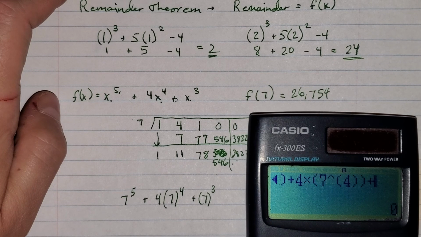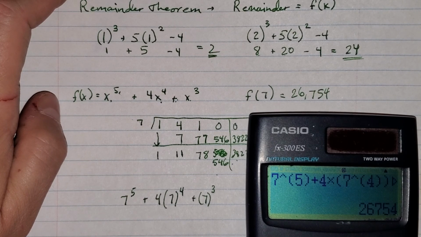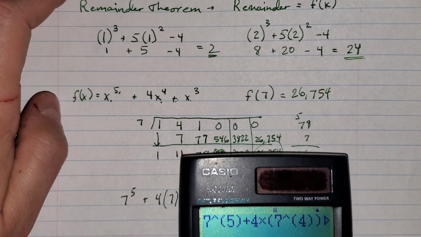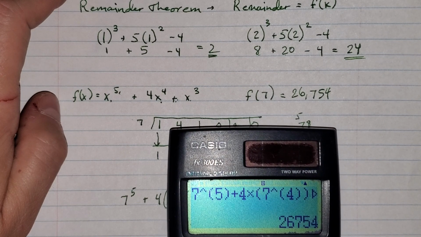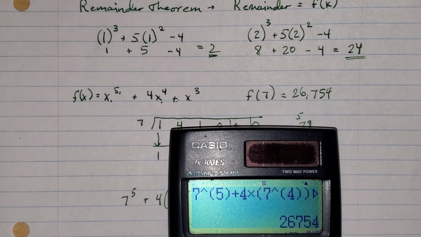Plus 7 cubed. I'm going to press equal. 26,754. Pretty cool, huh? So anyway, the remainder theorem does work.